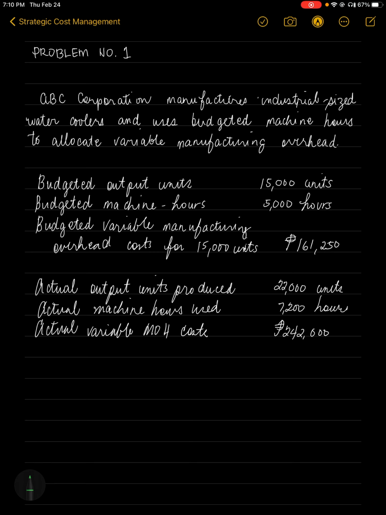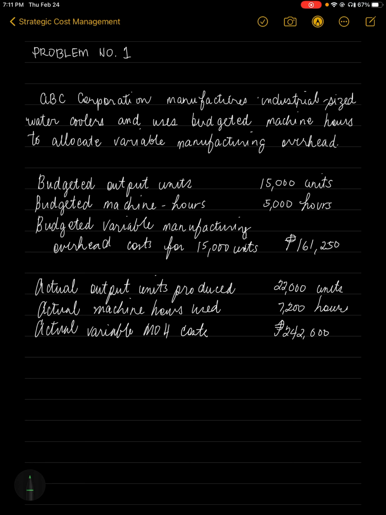Based on the actual operation, the actual output is 22,000 units, the actual machine hours used is 7,200 hours, and the actual variable manufacturing overhead costs incurred is 242,000.